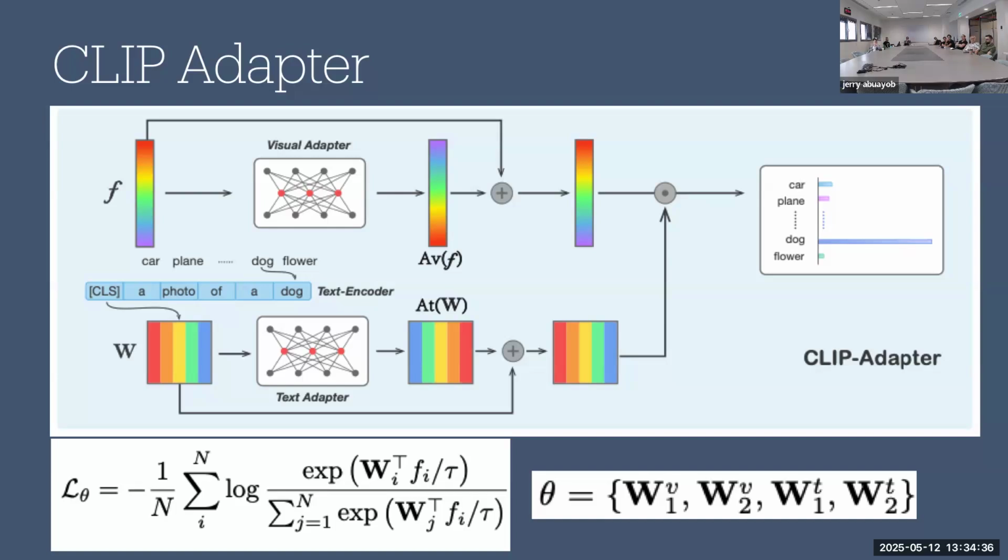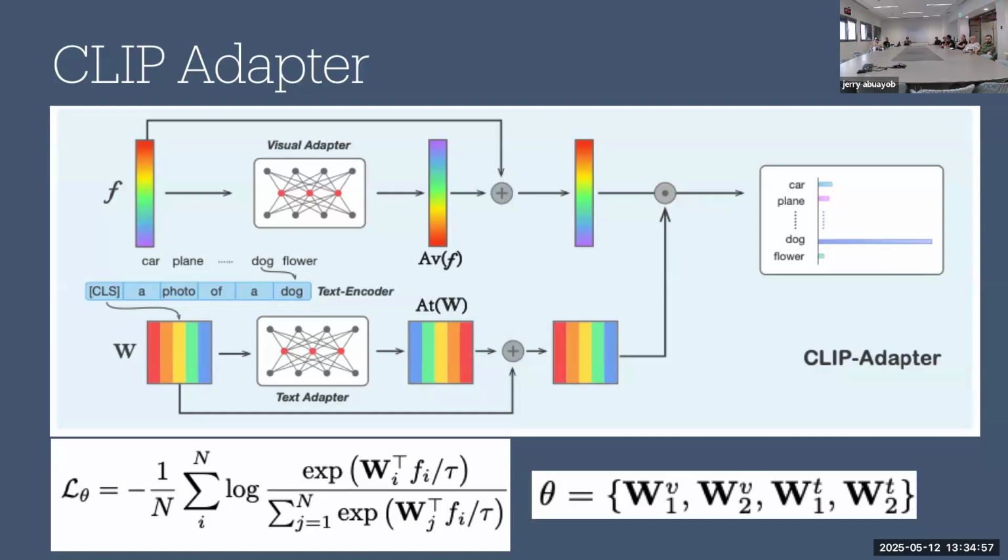But in the expensive one, they didn't have a visual adapter. In the 14-hour one they had, they didn't have any adapters at all. It wasn't an adapter, but the degree of freedom was only at the text level. And now they're adding an extra degree of freedom.